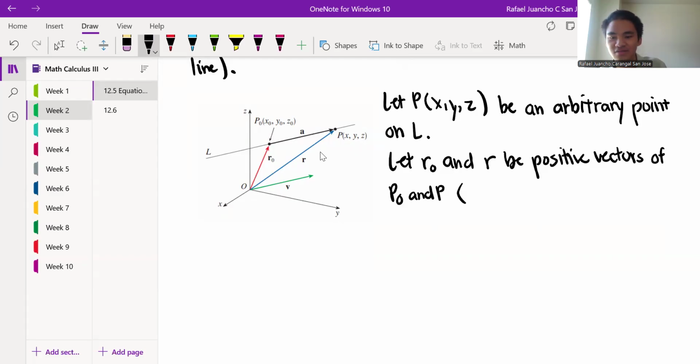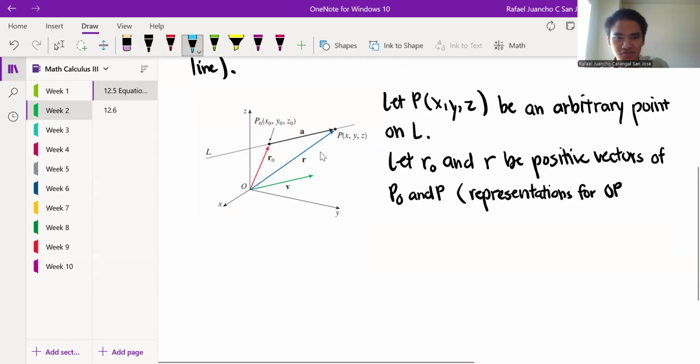The representation for this is OP naught, because it goes from O, the origin, to P naught. And that's a vector.